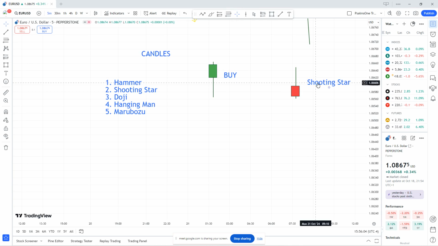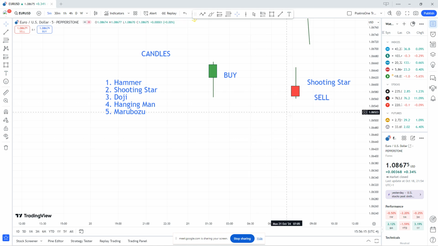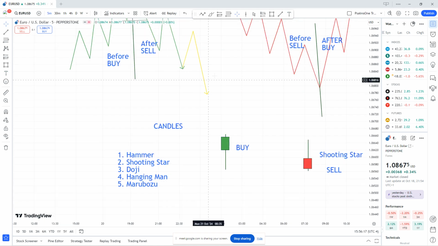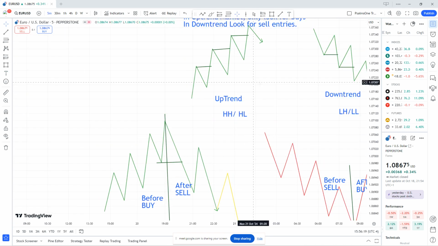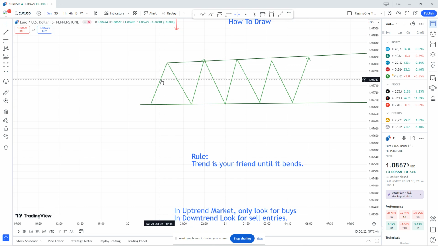I think our time is fast spent now, so I should stop here for now. So, how do you use this shooting star? Let me quickly use the illustration of the same range that we used. You have drawn the resistance. You know that selling will always happen at the resistance level, at a very high price.